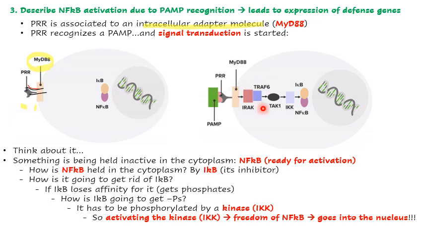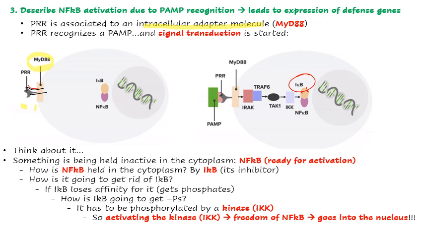They're going to activate this guy right there. That is a kinase, okay? This kinase, what it does, it is going to put some phosphate groups on your inhibitor. It actually puts 4 of those phosphate groups in your inhibitor, okay?